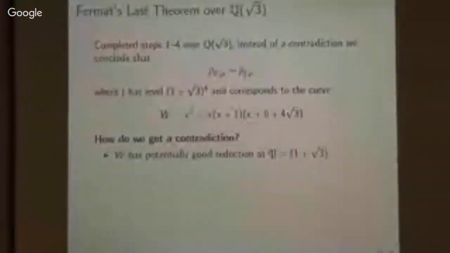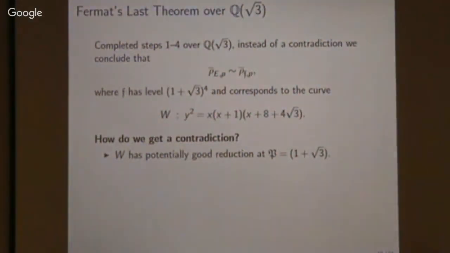What we do is a bit more technical, but the idea is that we have to analyze the behavior of our Frey curve and of this obstruction at certain primes. This curve has what's called potentially good reduction at this prime.